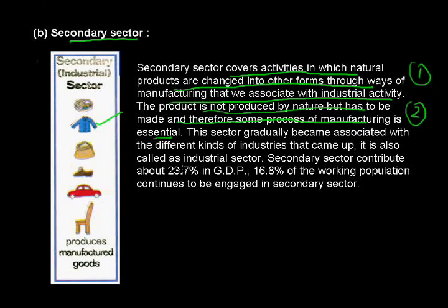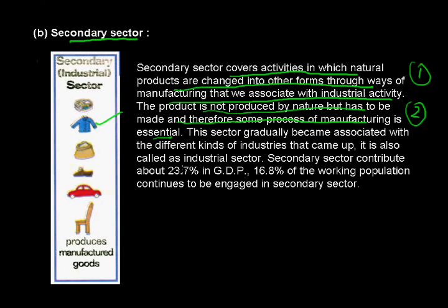So when you are using a natural resource, it should be the primary sector, but actually it is the secondary sector. Because in nature you are getting only the soil, you are not getting the bricks. It is the capability of that labor that he is turning the natural soil into bricks. Bricks are not found naturally, so obviously that will be part of the secondary sector.